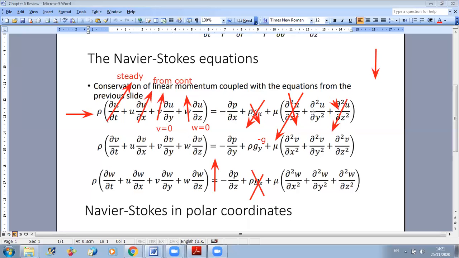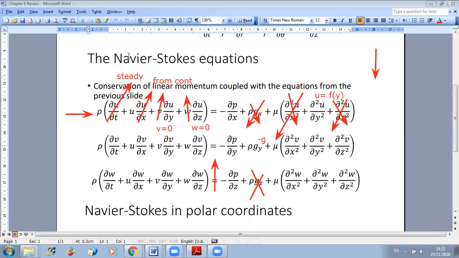So I will only have this term in y, because we demonstrated together that u is only a function of y. So my first equation will reduce only to minus del p by del x plus mu second derivative of u with respect to y equals 0. This is what I get from the first relation.